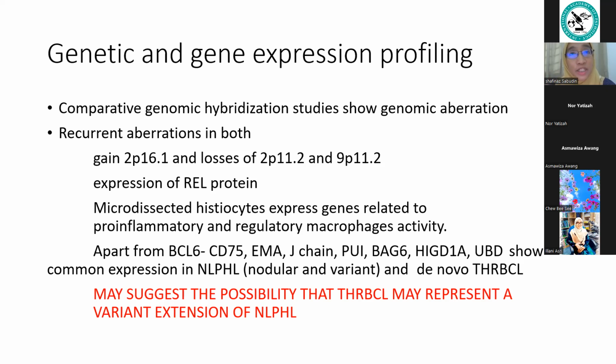Apart from BCL6 gene rearrangement, many other genes have been shown to share common expression in both nodular lymphocyte predominant Hodgkin lymphoma and de novo T histiocyte rich B-cell lymphoma. With the sharing of so many genetic aberrations and mutations, this may suggest that T histiocyte rich B-cell lymphoma may represent a variant extension of nodular lymphocyte predominant Hodgkin lymphoma at the extreme end.